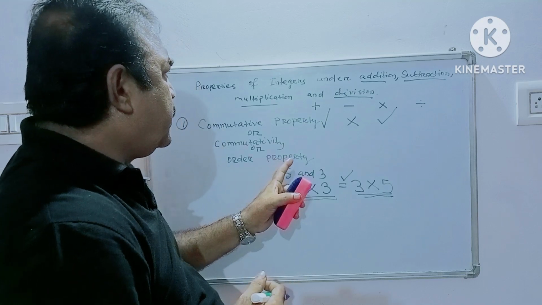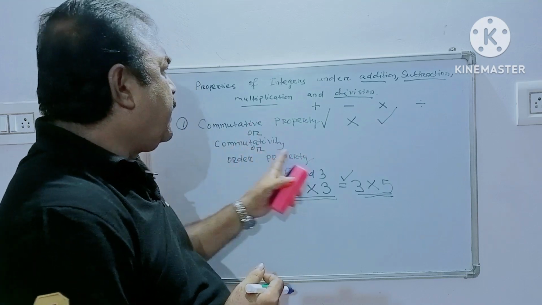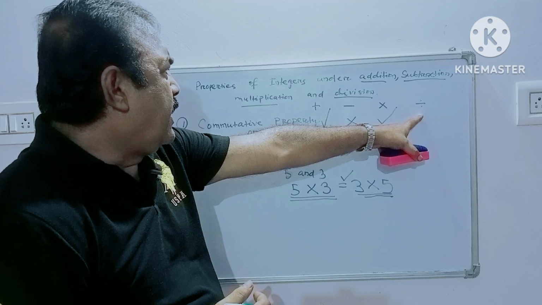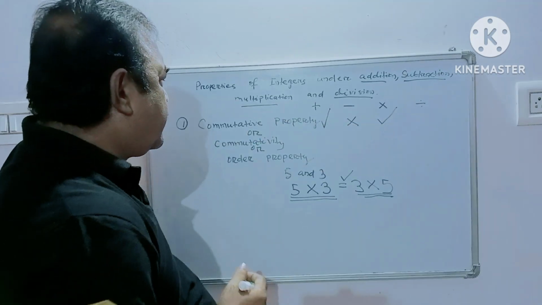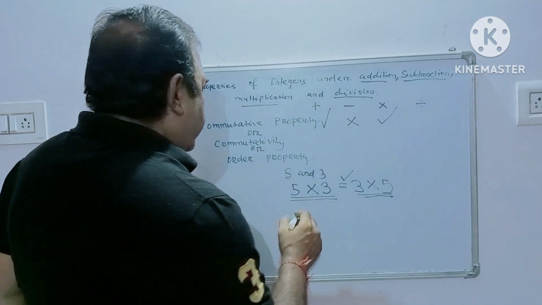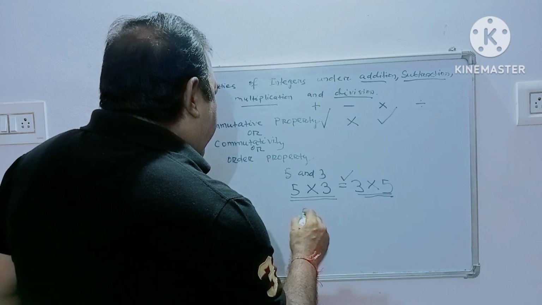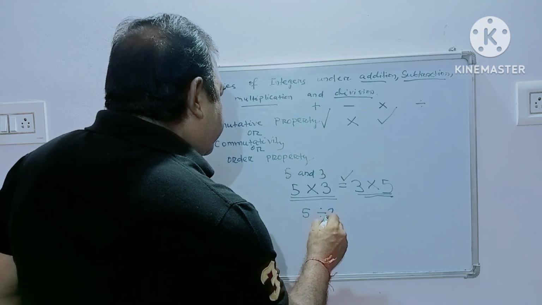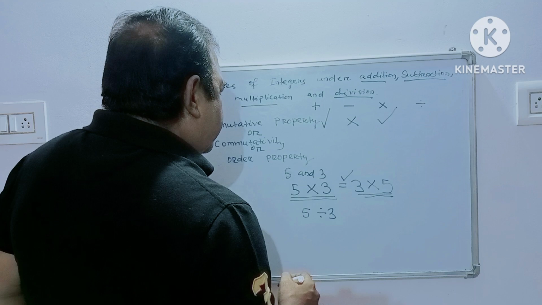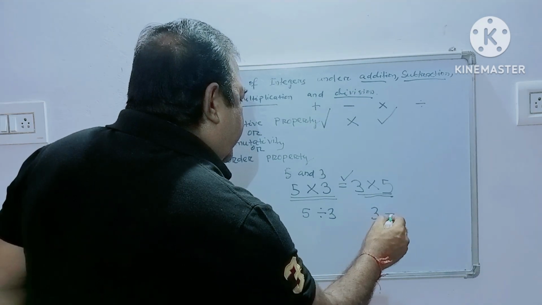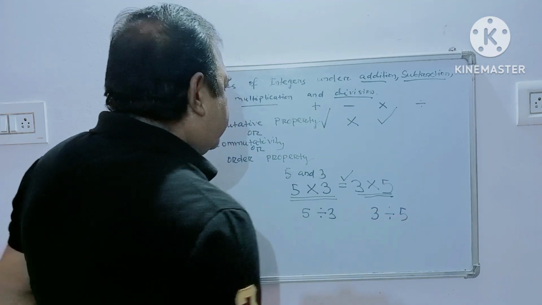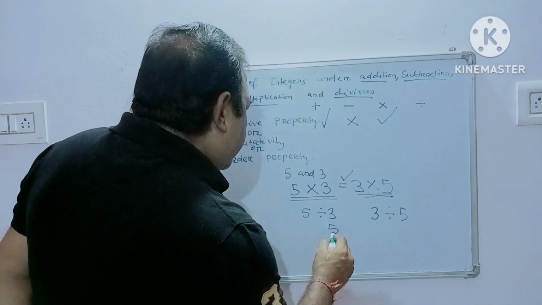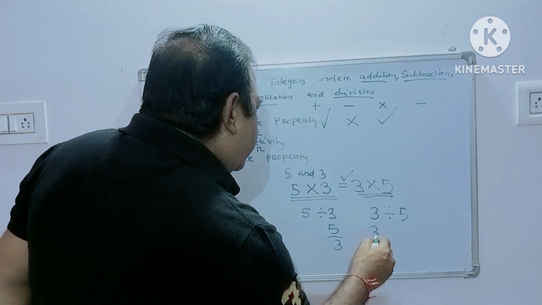Do they show the commutative property under division? Now we have to prove it. Suppose 5 divided by 3, and you see 3 divided by 5. So 5 upon 3 and 3 upon 5.